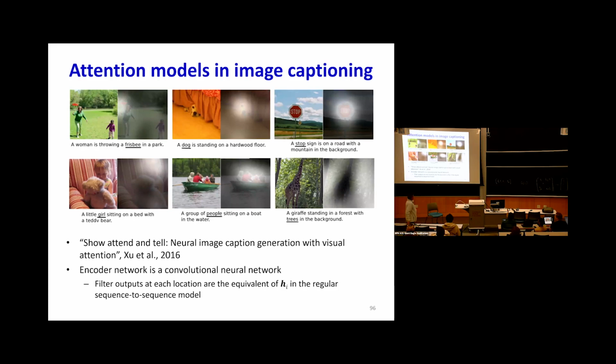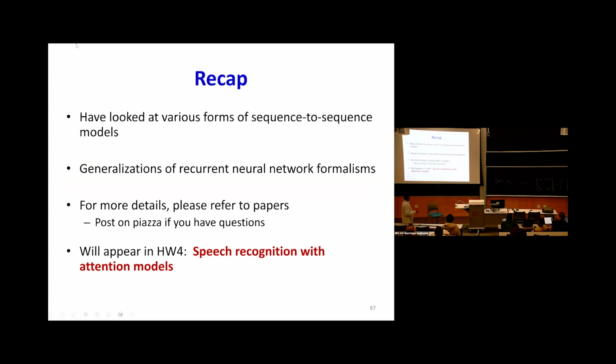A stop sign is on a road with a mountain in the background. It got the stop sign, right? A giraffe is standing in a forest with trees in the background. That's the most interesting one. When you look at what it's paying attention to when it says trees, it's paying attention to everything except the giraffe. It is quite impressive, right? And so on. So the model is really good.